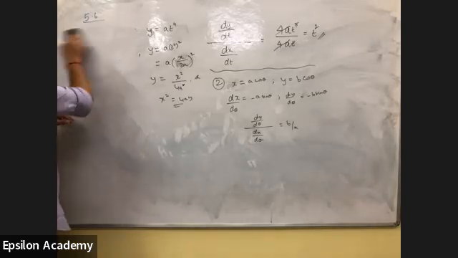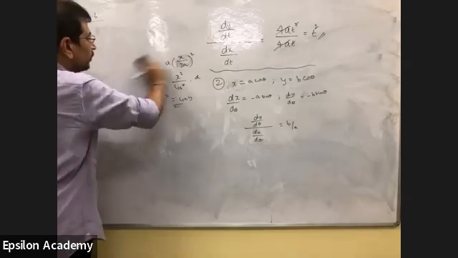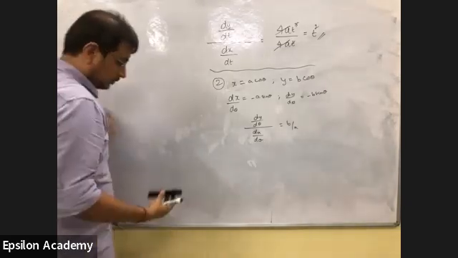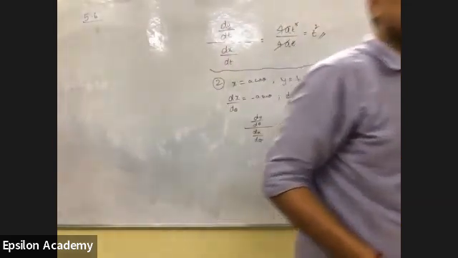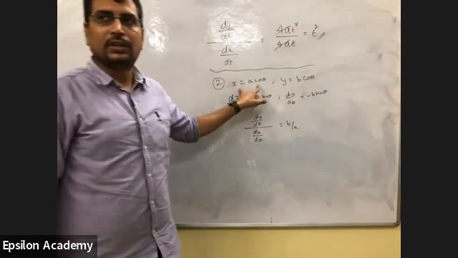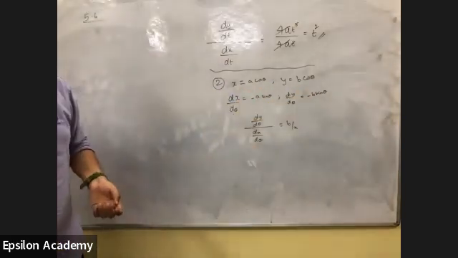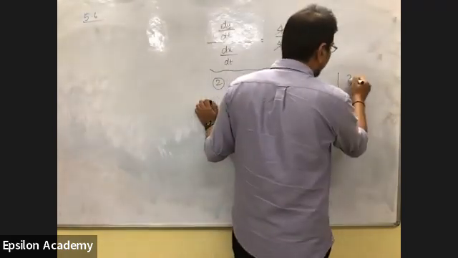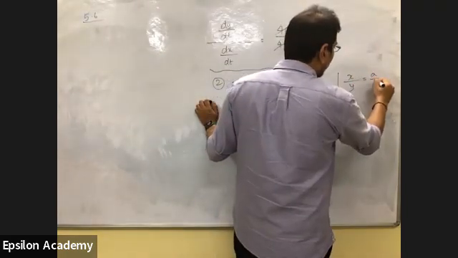Any idea of which curve this point lies on? Any guesses? X is equal to a cos theta, y is equal to b sin theta. What are you supposed to eliminate? Theta. Divide both sides, you will get x by y is equal to a by b.